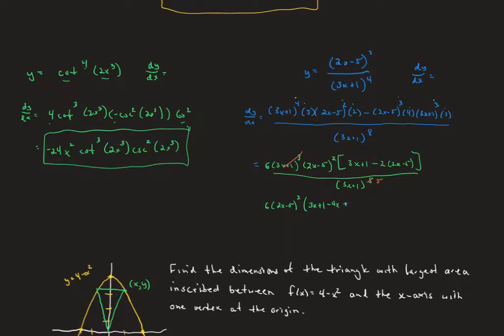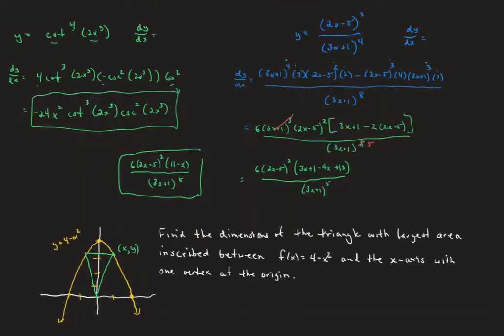I think that's going to be a plus 10, still over our 3x plus 1 to the 5th. I'm going to come this way. So we've got 3 times 2x minus 5 to the 2nd. And I think that's going to be 11 minus x is left inside there over our 3x plus 1 to the 5th. That's going to be our derivative. Whew, a lot of algebra.